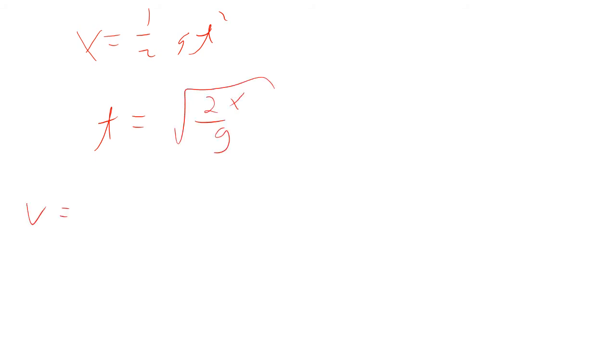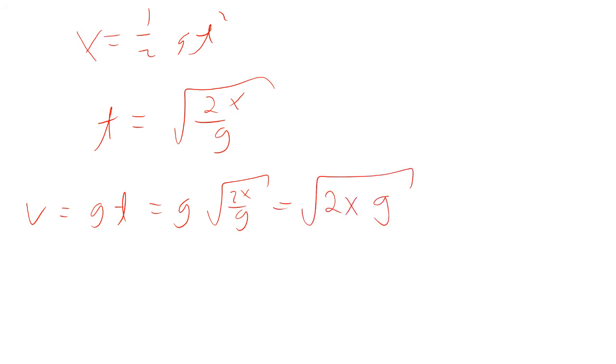Well, if v is gt, that's g times the square root of 2x over g. So that's the square root of 2xg. So I don't have to do the in-between step of calculating this and then plugging it in. I could actually substitute and do this all in one step.